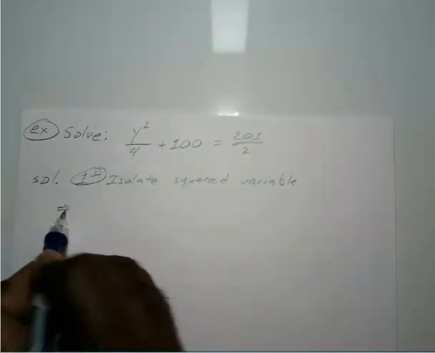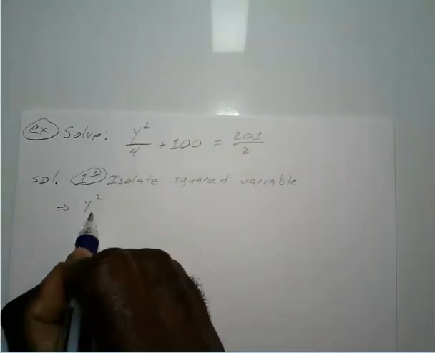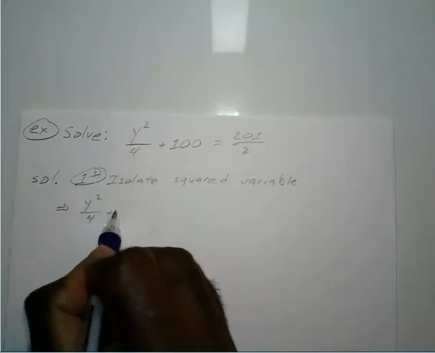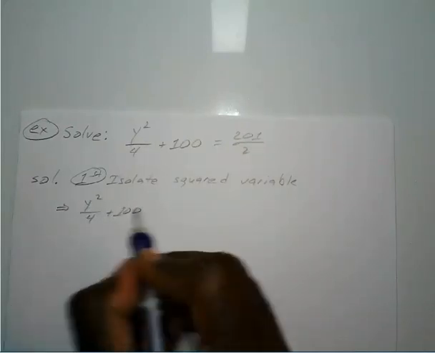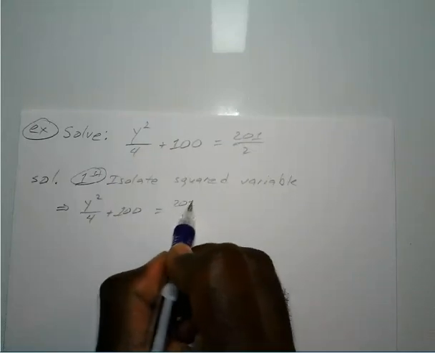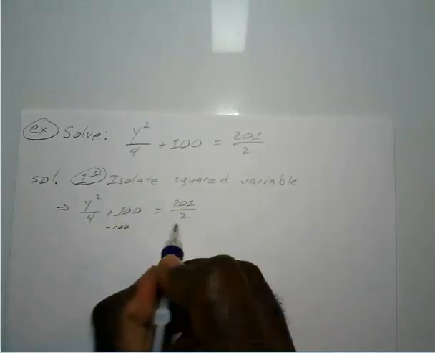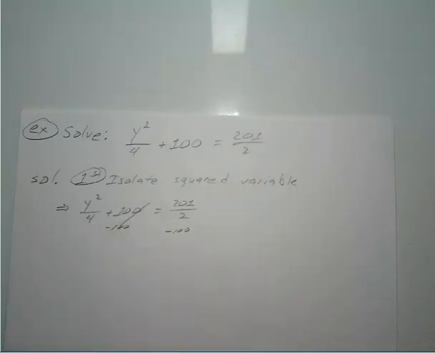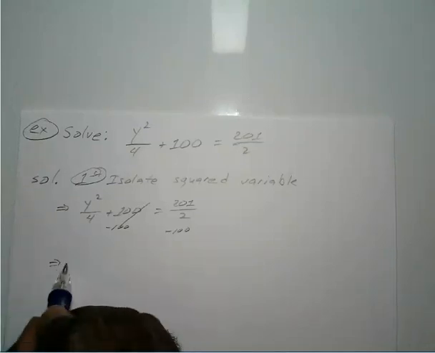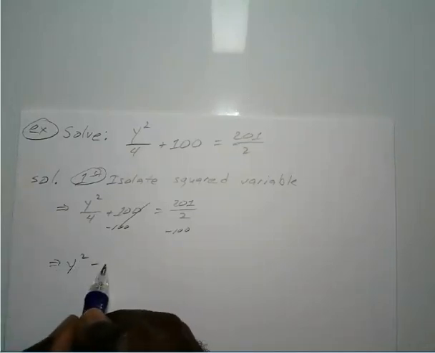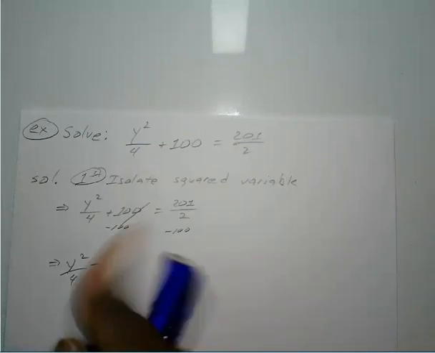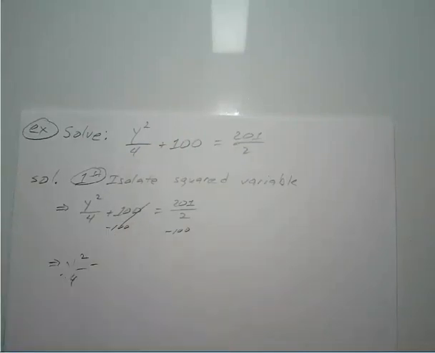Okay, so that means if we start off with y squared over 4 plus 100 equals 201 over 2, we just go ahead and subtract 100 from both sides. So that gives us y squared over 4. Kind of clean that up a little bit.